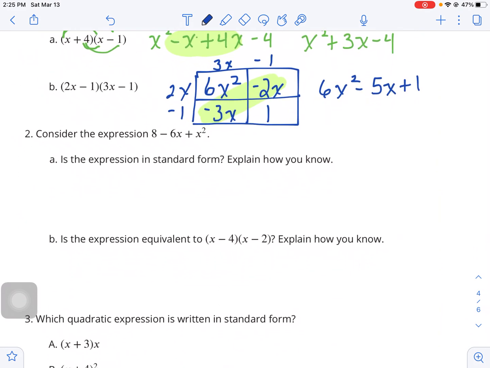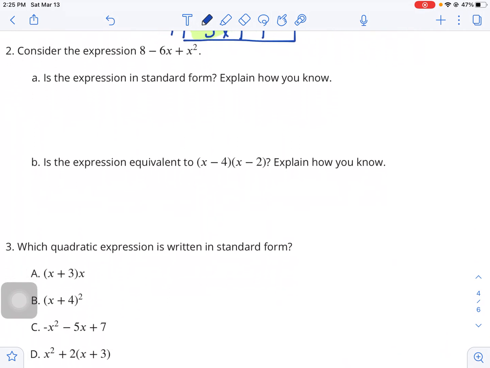Is the expression given in number 2 in standard form? Yes. We generally see it's written x squared minus 6x plus 8. But yeah, that's in standard form. And is the expression equivalent to this? Well, let's see. Let's multiply this out to go from factored form to standard form.